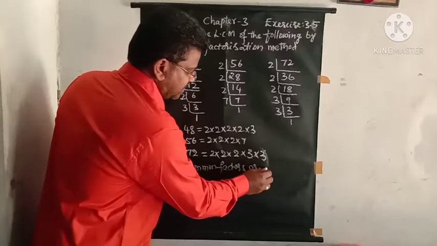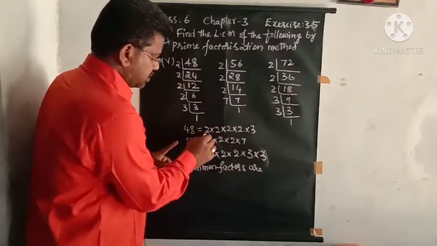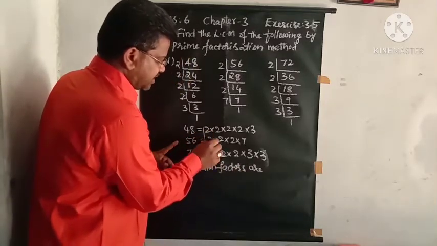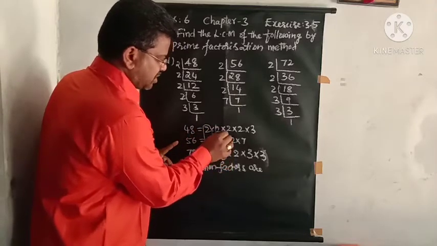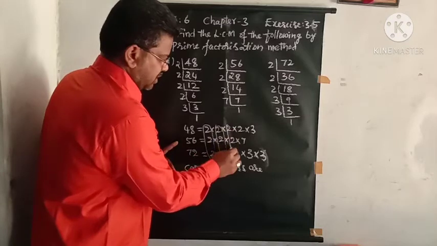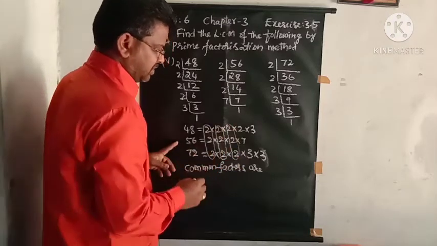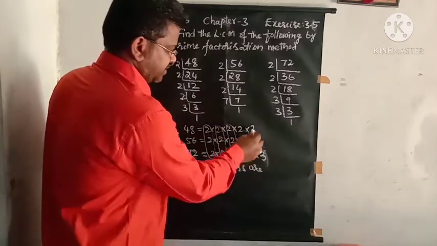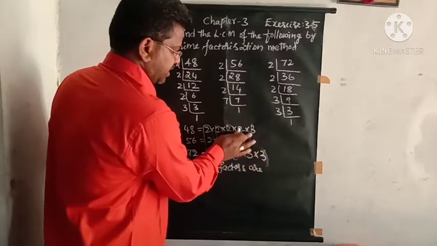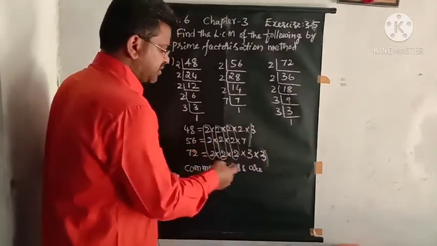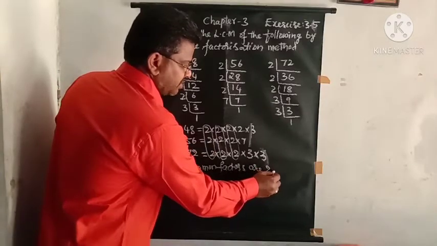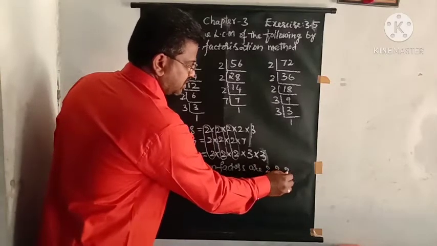Common factors are: 2 is common, and second time 2 is common, and third time 2 is common. See, how many times is 2 common now? 3 times.